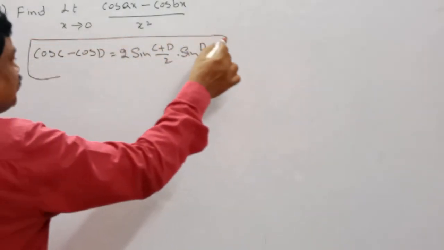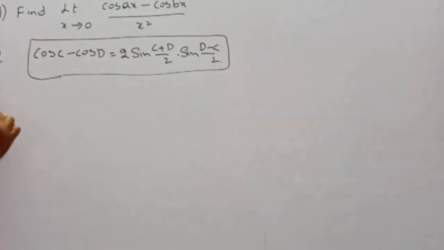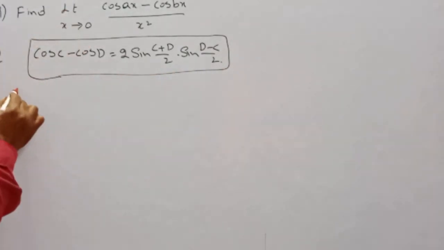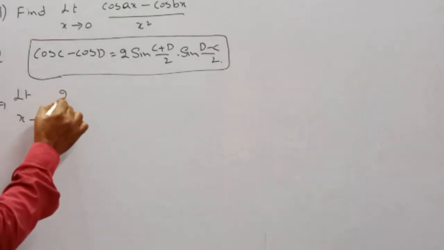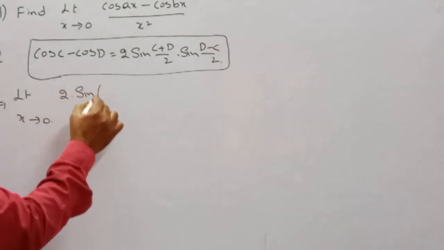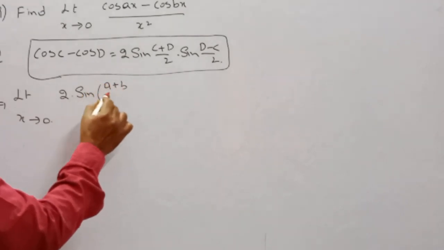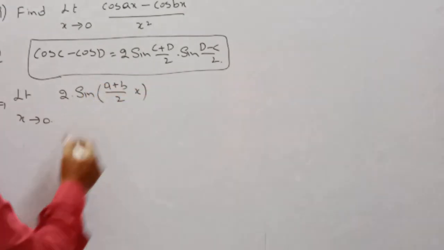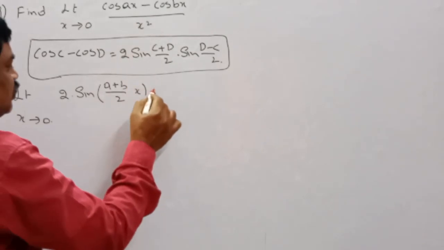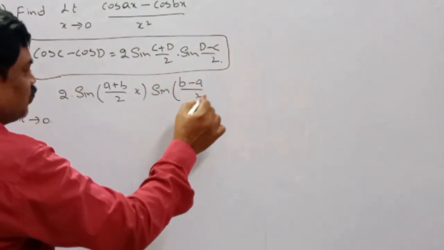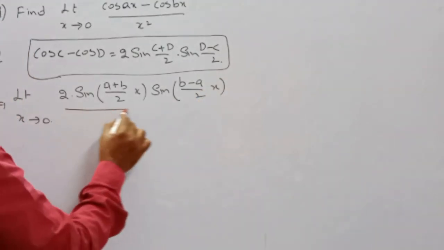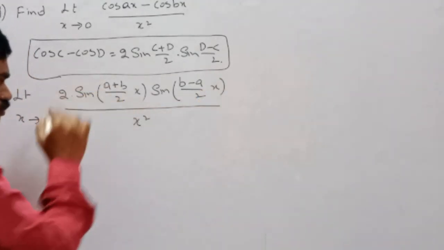By using this formula, this can be written as limit x tends to 0 of 2 into sine of (a plus b) by 2 into x, into sine of (b minus a) by 2 into x, by x square.